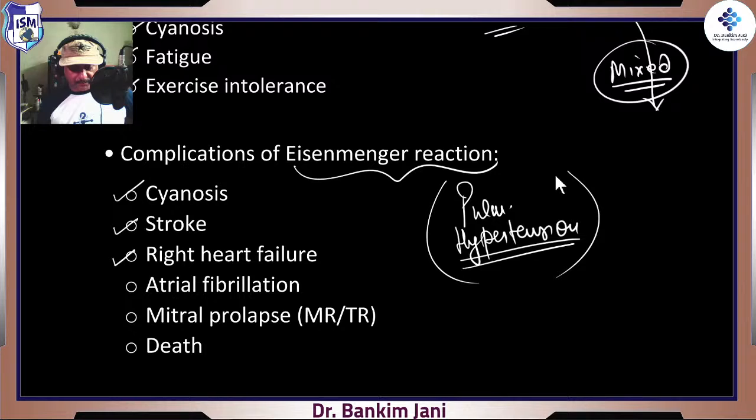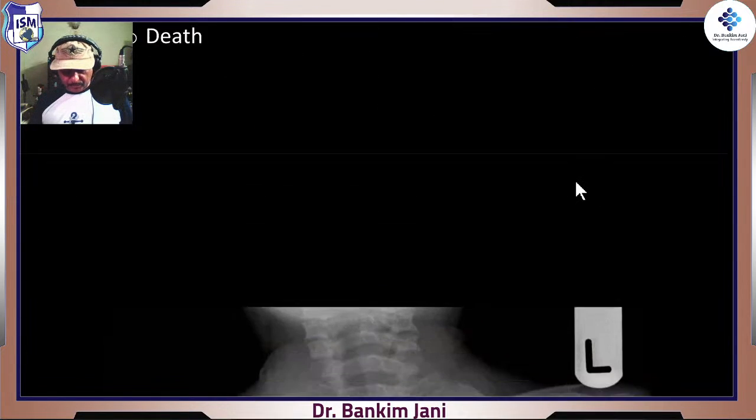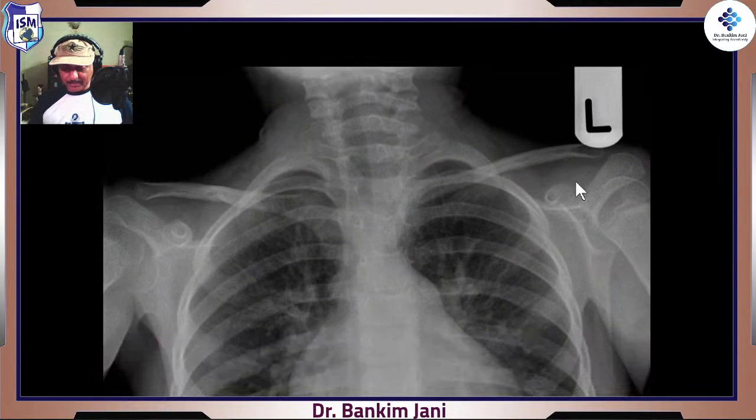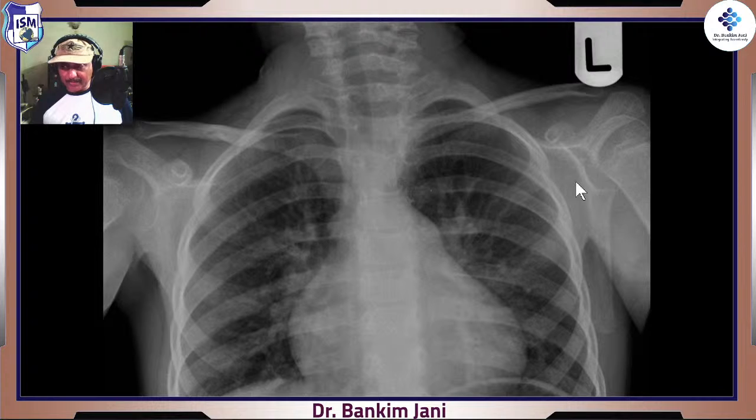So right heart failure, atrial fibrillation, so much so that mitral regurgitation and tricuspid regurgitation may cause death. This is one of the very bad complications of Eisenmenger reaction. It itself is a very bad condition. Now, how it looks like, now comes the interesting part.